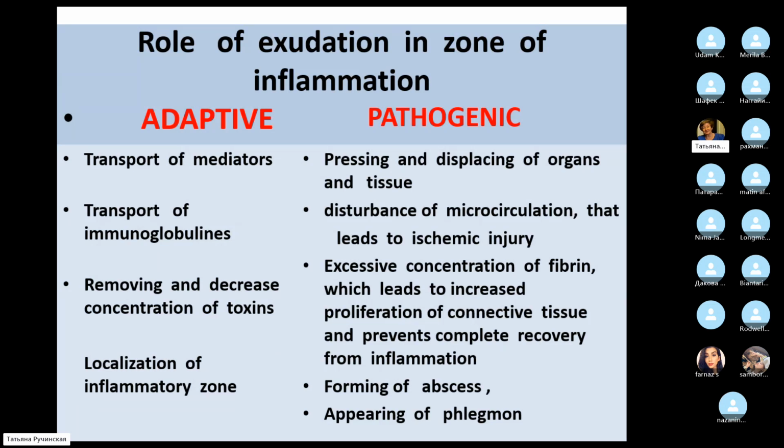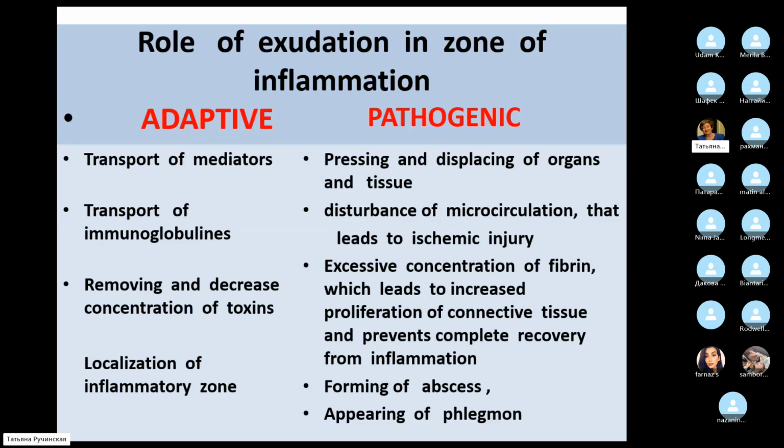But it is pathogenic if this edema appears in organs and tissues which are very important for our organism, for example, brain or thorax. This may lead to a situation for the organism which may lead to death.